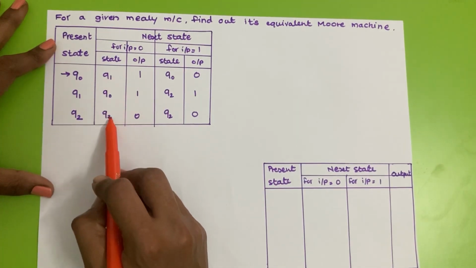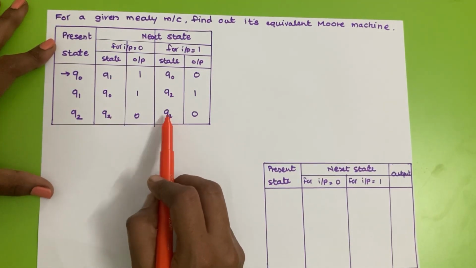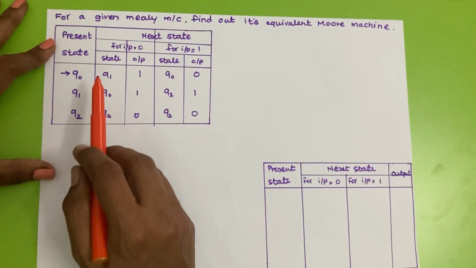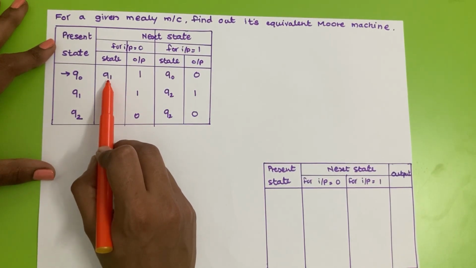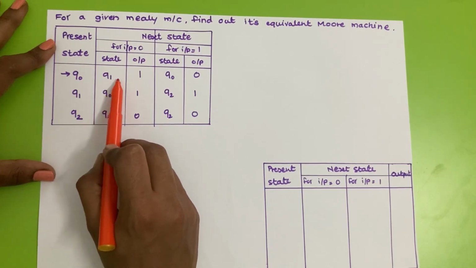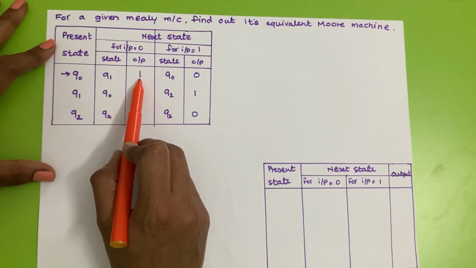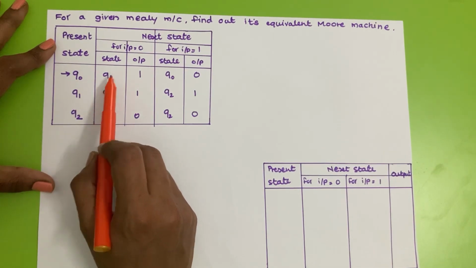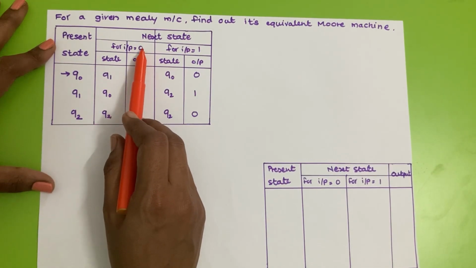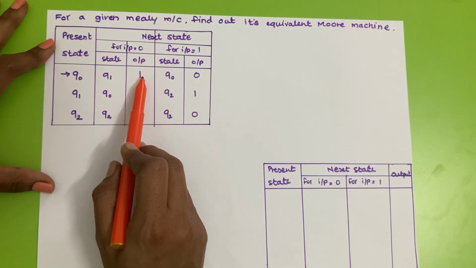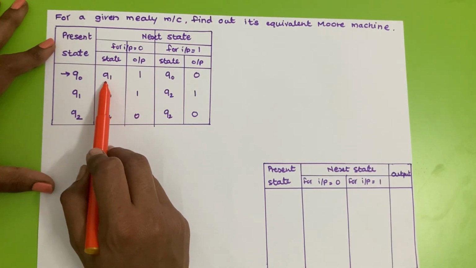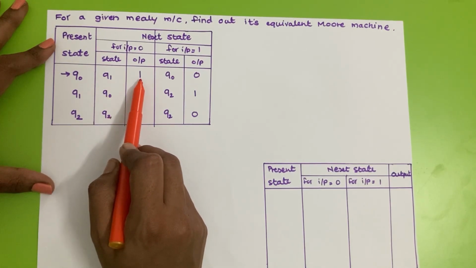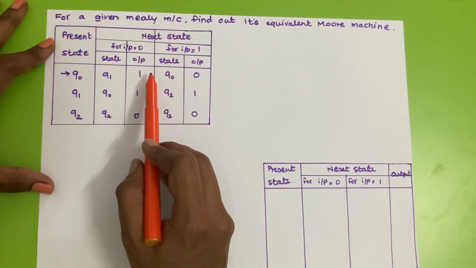Here we have written the output states with their output symbols. So we'll start analyzing. If q1 has the output symbol 1, that means we are moving from q0 to q1 by taking input 0, and this 0 gets replaced with this 1. This is the output state, and it carries 1 in the Mealy machine.